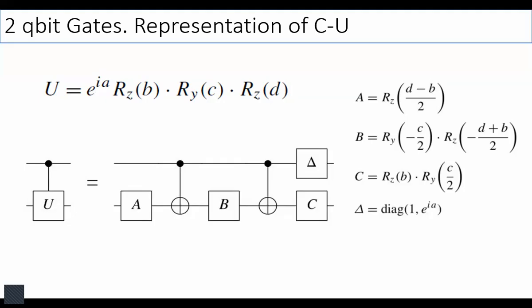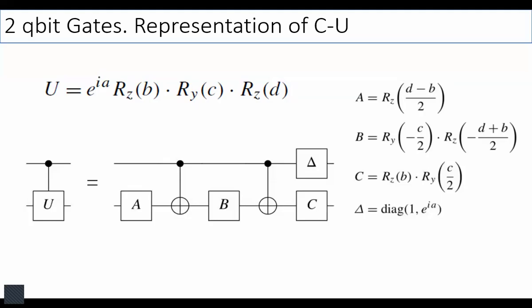So actually not ABC, it's CBA, because we first apply A, after this B, and after this C, such that CBA is identity, and C not B not C is equal to U. It's a multiplication. This is one qubit operation.